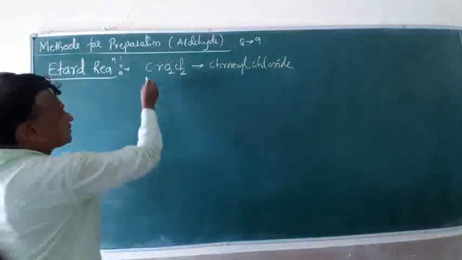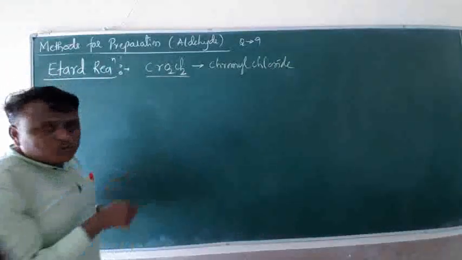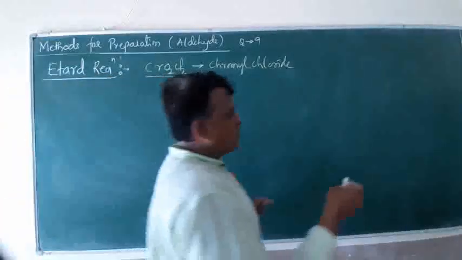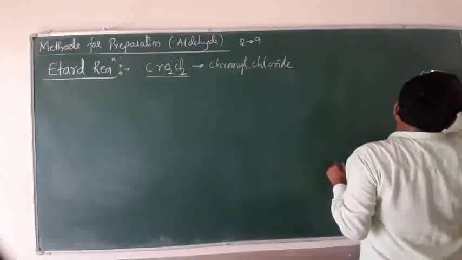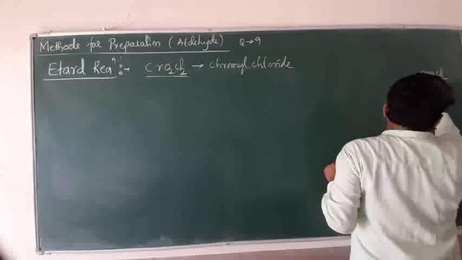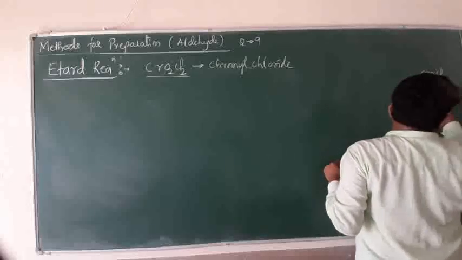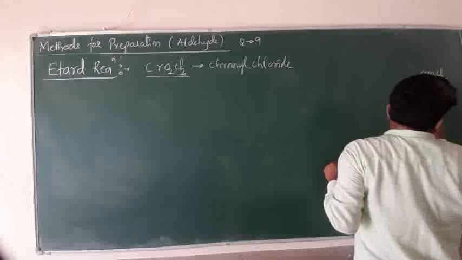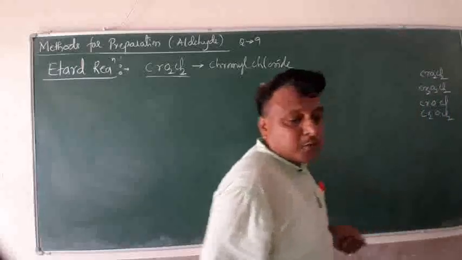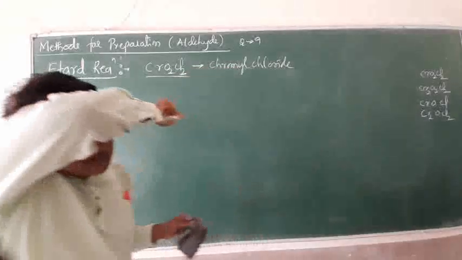Keep in your mind the formula CrO2Cl2. But in competitive exams, friends, they ask like this: CrO2Cl2, Cr2O2Cl2, CrOCl, Cr2OCl2. Among these four, which is the correct answer for chromyl chloride?